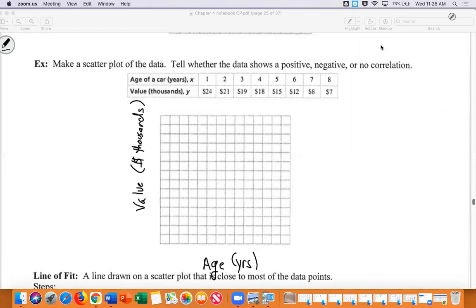Now we have to figure out what we're going to count by, Maddie. How many blocks do I have? 1, 2, 3, 4, 5, 6, 7, 8, 9, 10, 11, 12, 13, 14. Do you see how I have 14 blocks? Now, what is my smallest age and largest age on my years? The smallest is 1, the largest is 8. So if I have 14 blocks, what should I count by?